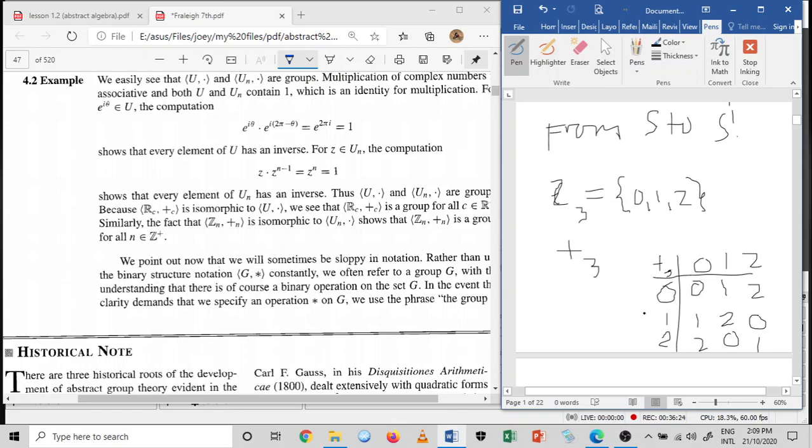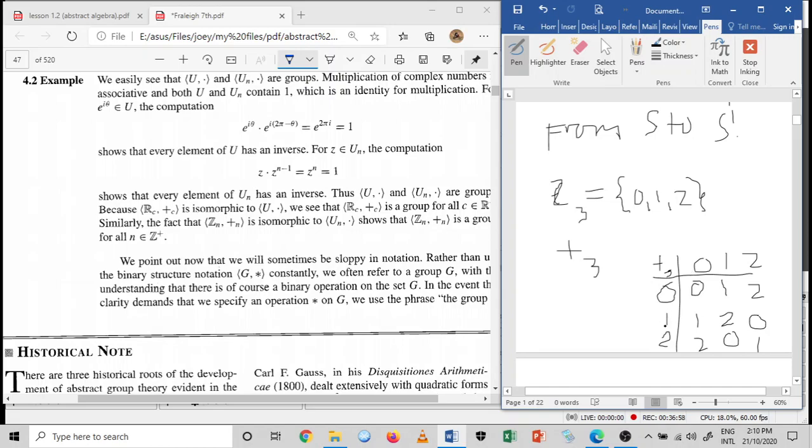Then we have the element 0, where any element in Z3 added to 0 will be the same element. Meaning 0 is the identity element for addition modulo 3. Also, each element has an inverse. Why? Because there is something that we can add to 0 to get a result of 0, which is itself. Meaning, 0 is the inverse of itself.